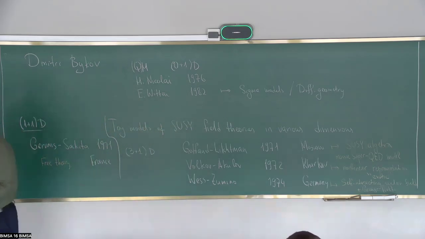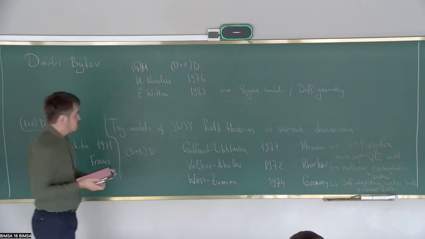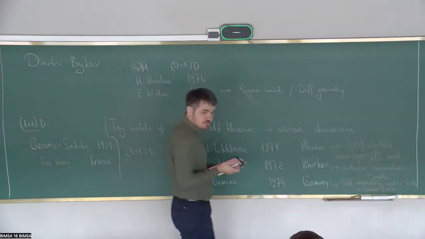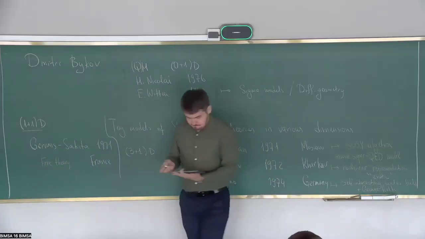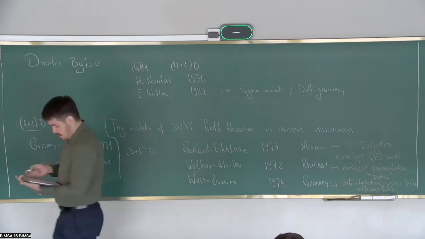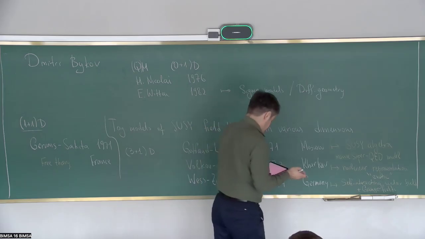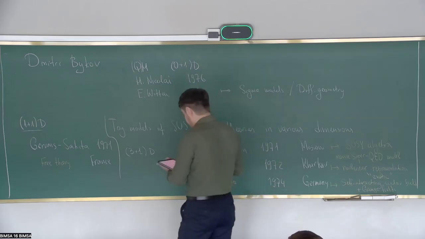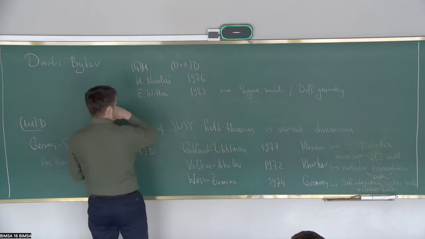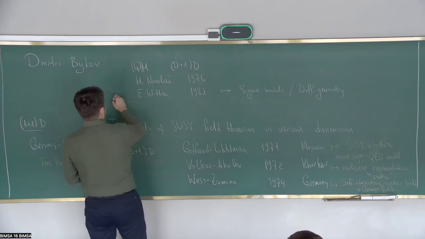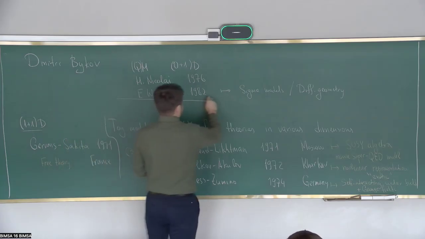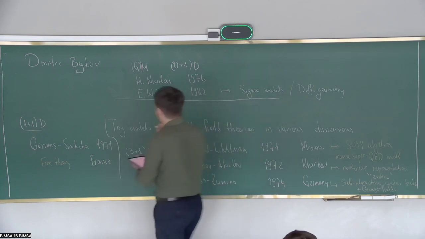And since then, many more examples of field theories in various dimensions that admit supersymmetry have been found. And moreover, there is a classification of supersymmetry algebras. So there are lots and lots of models in various dimensions, and there is a classification of supersymmetry algebras.